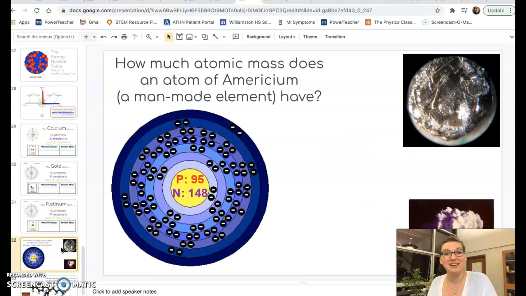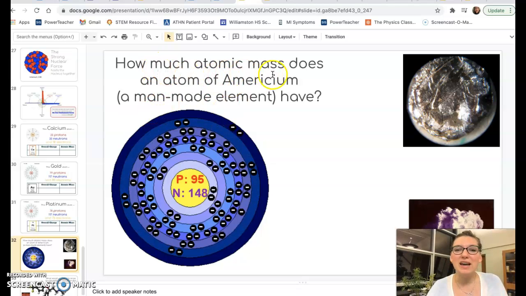So here's something fun. This is a man-made element called americium, and it was created when scientists were experimenting with the stuff to make nuclear bombs and things like that. And they were also developing nuclear power. I mean, there's so much that goes into nuclear science.